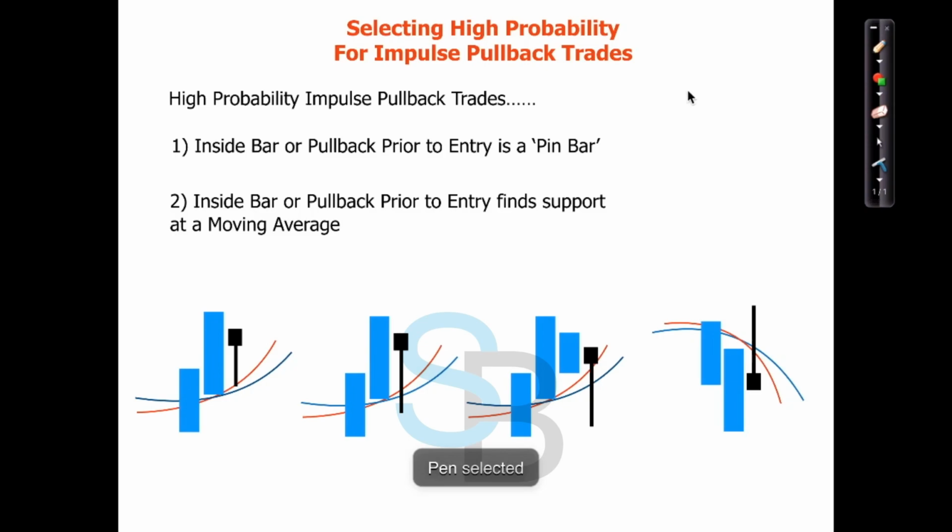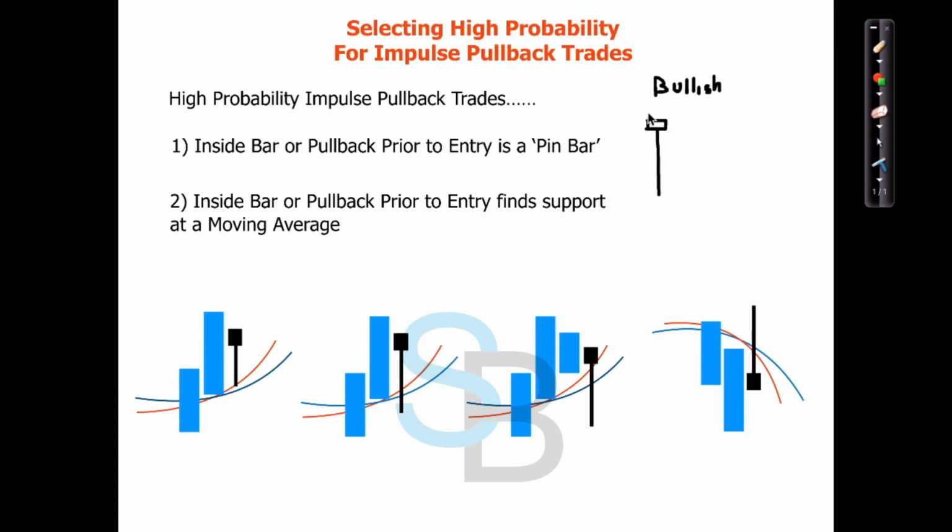Basically, a bullish pin bar is one where the candle has a small body and a long lower shadow. So this is a bullish pin bar. Now the color of the candle doesn't matter. It could be a red candle or a green candle. The reason is because the body is so small that the color is irrelevant.